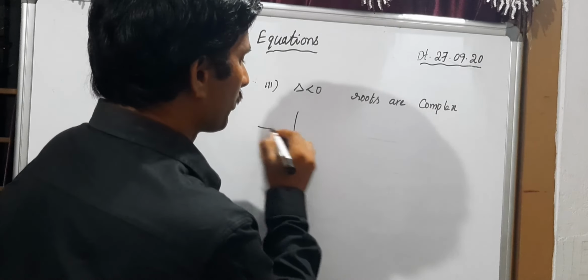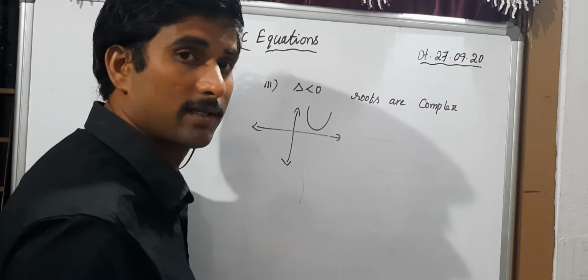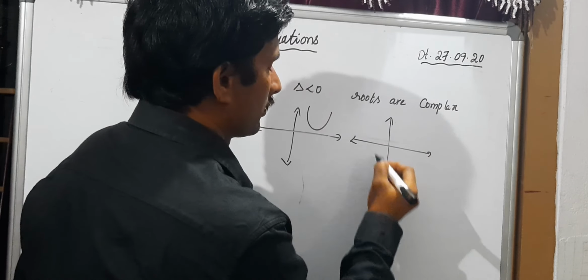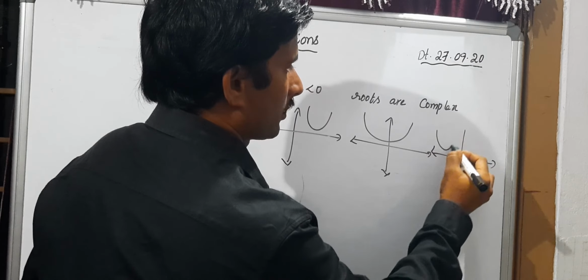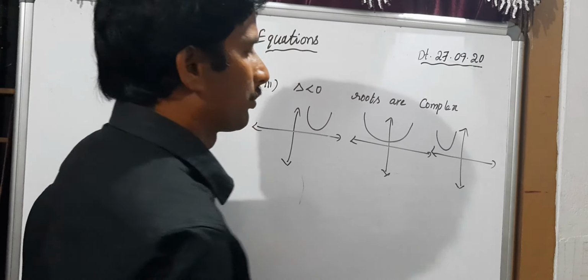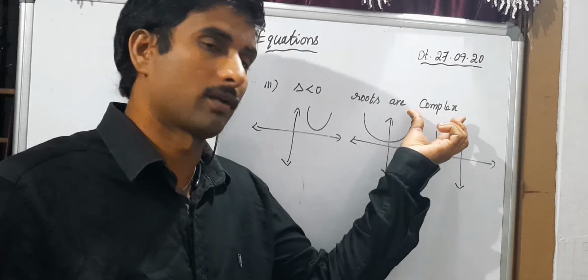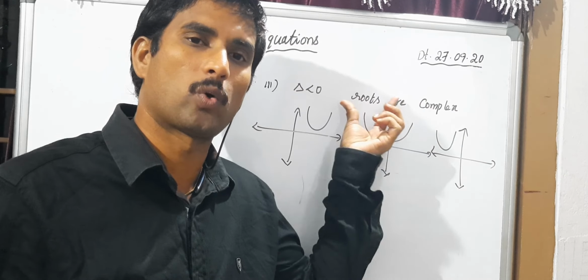Then the parabola does not touch or intersect the x-axis anywhere. That means whenever delta is less than 0, the parabola does not touch the x-axis, and the complex or imaginary roots exist for the given quadratic equation.